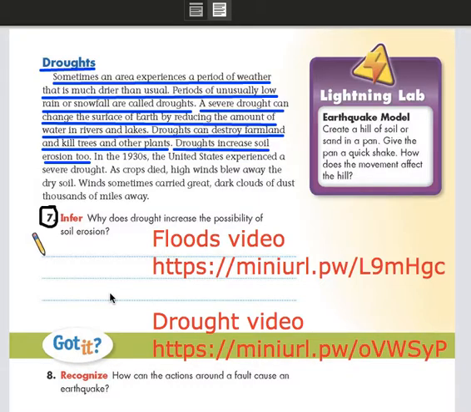Why do you think it kills trees and other plants? Excellent. So we all know that trees and plants need water in order to survive, in order to perform photosynthesis, to get their energy. So when there's no water and there's a long period of dryness, which is called drought, the trees and other plants will die. Imagine this by having a plant at home.